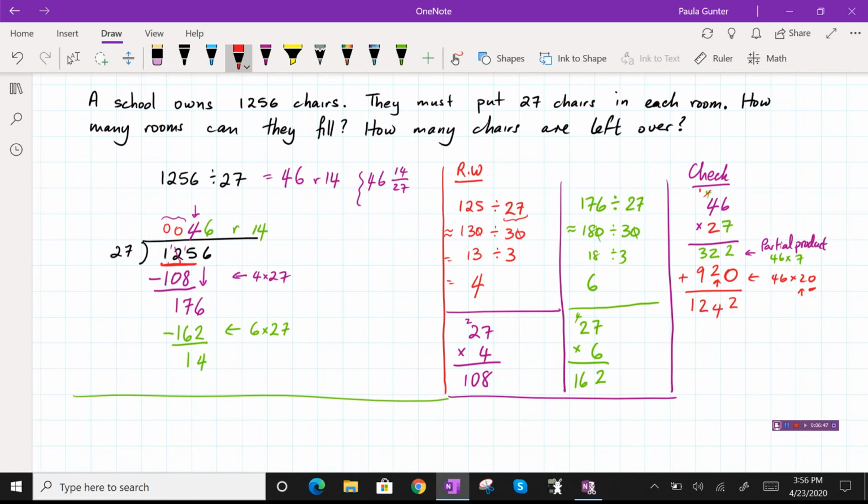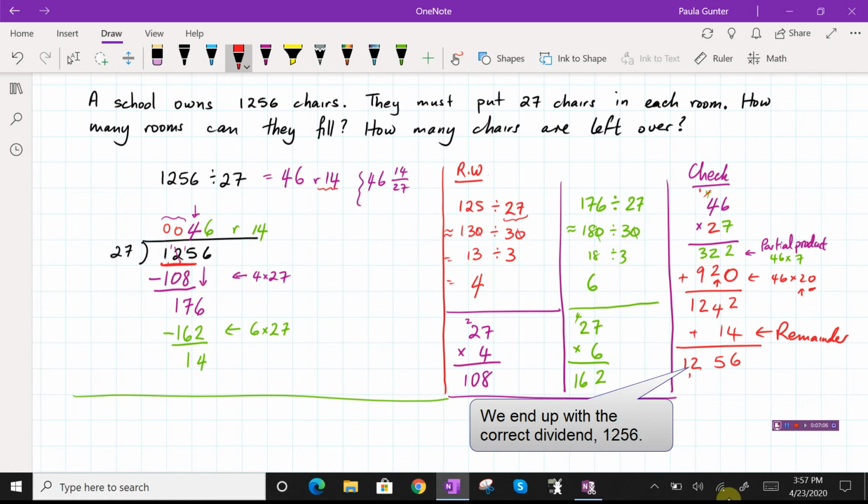All right, we're not done yet because we remember we have that remainder. So I have to add the remainder. The remainder is 14. Okay, and when we add this, 4 and 2 is 6. Indeed, we end up with that quotient.